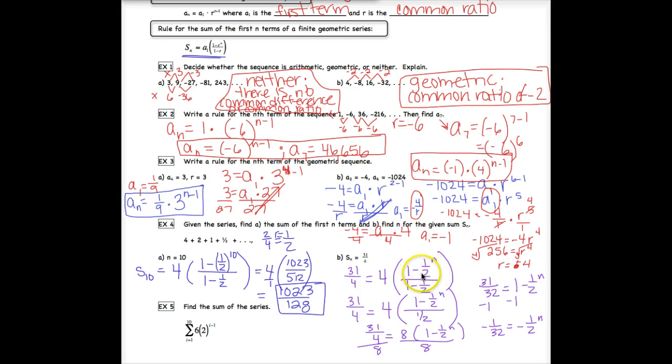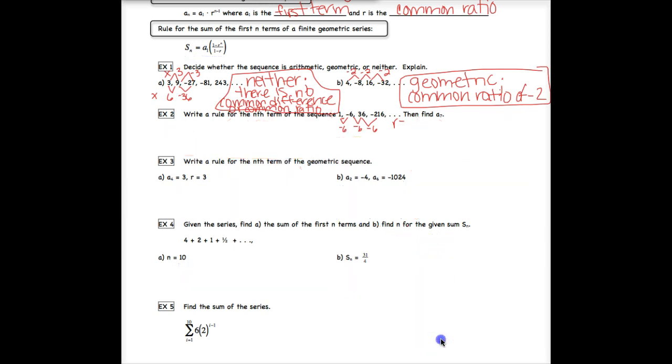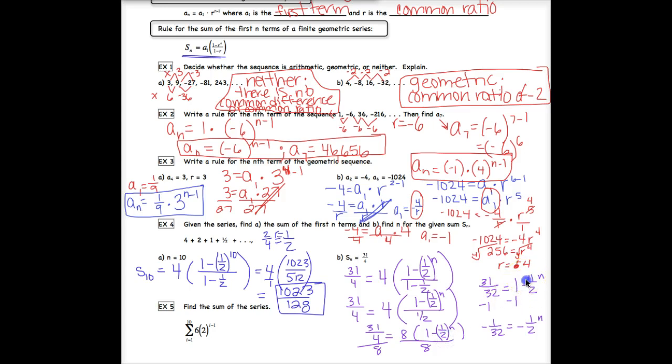If you look at the original, it's not negative 1/2 to the n, it's minus 1/2 to the n. And that matters. They're two different things. So here, if I want to solve for n, I can go ahead and divide both sides by the negatives and make them both positive.